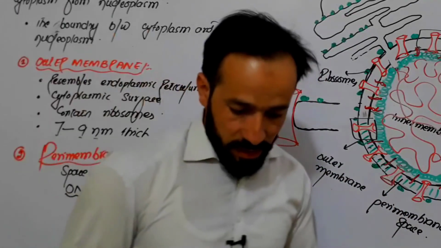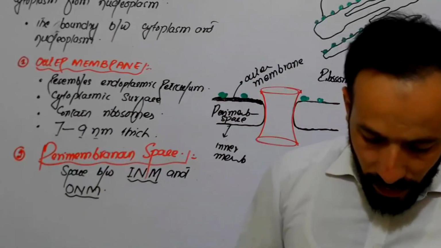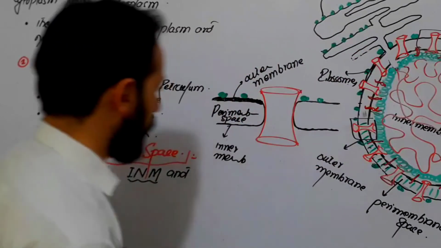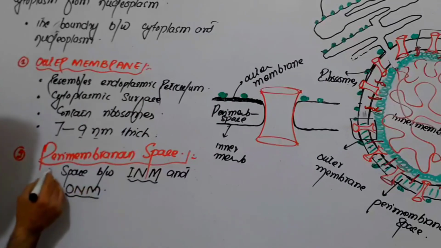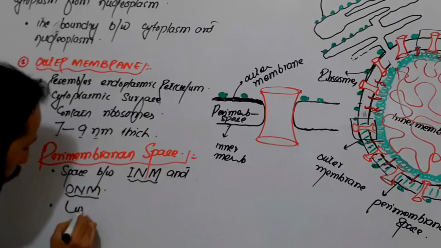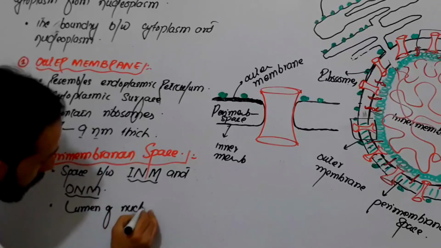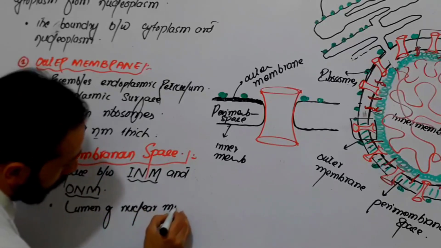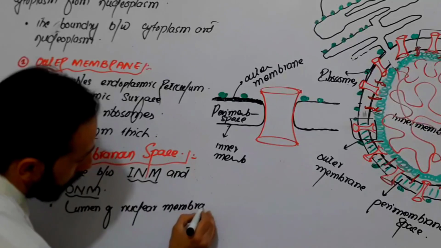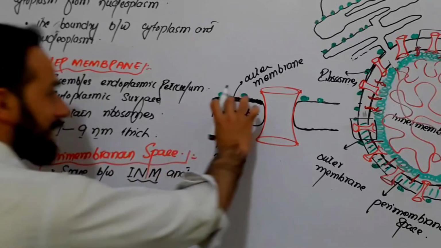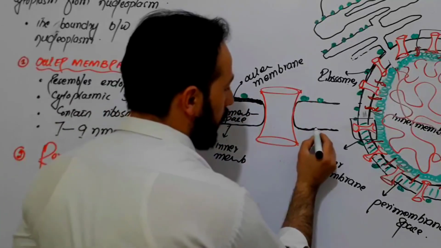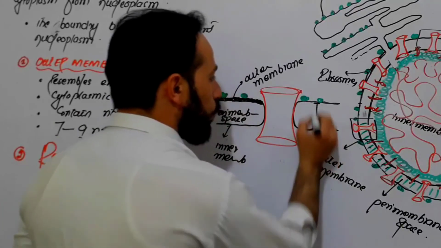perimembranous space, and it contains the lumen of the envelope. We can say the perimembranous space is also known as the lumen of the nuclear membrane or nuclear envelope. And what is the thickness of this? From here, if we go up to here, what will be the thickness?